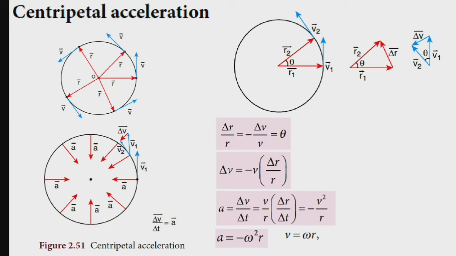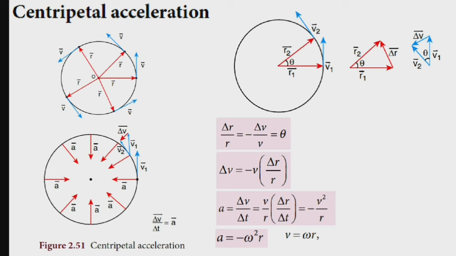The magnitudes of the displacement delta r and delta v satisfy the following relation. Delta r by r is equal to minus delta v by v is equal to the angle. Here the negative sign implies that delta v points radially inwards towards the center of the circle. So delta v is equal to minus v into delta r by r.